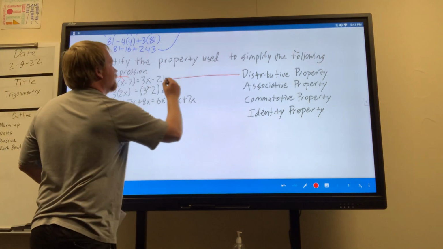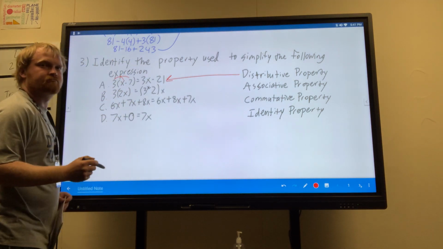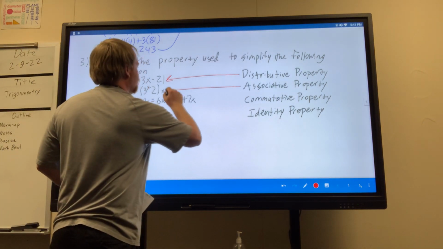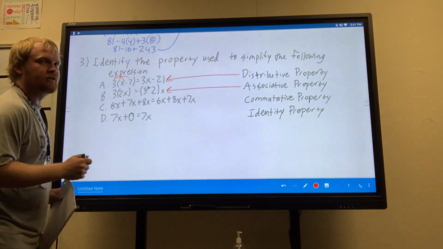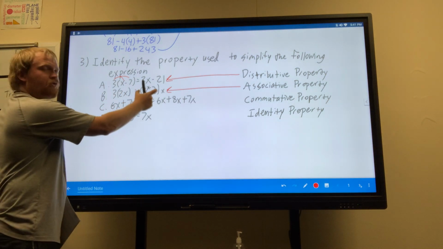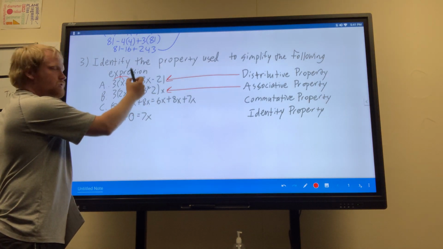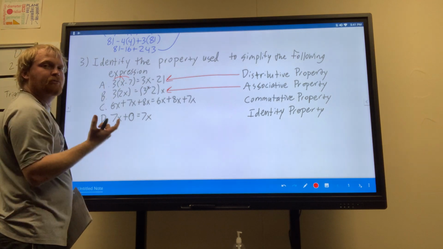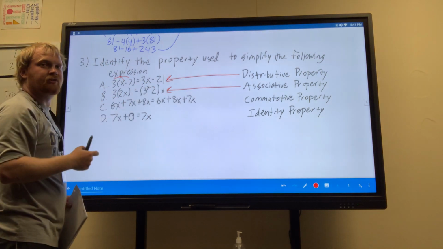So that's the distributive property. Now, the associative property is the second one right here, because the 2 and the 3 are associated with each other. So I'm just moving the parentheses around.